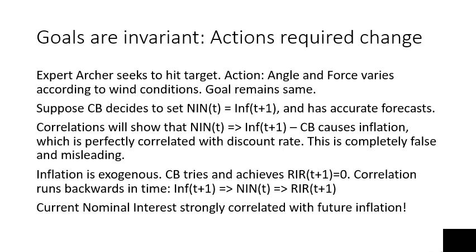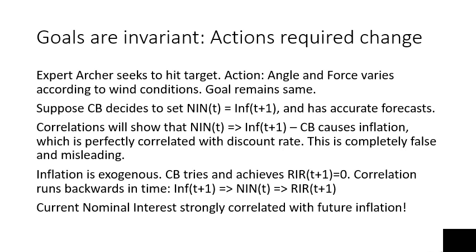And so here we can imagine a third situation where the central bank wants to offset the future inflation, because it realizes that when you set the interest rate, it's actually going to be operative in the next month, not in the past month. So what it needs to do is to anticipate what the inflation is going to be in the next month, and suppose that it can do so accurately. They have very accurate forecasting models.